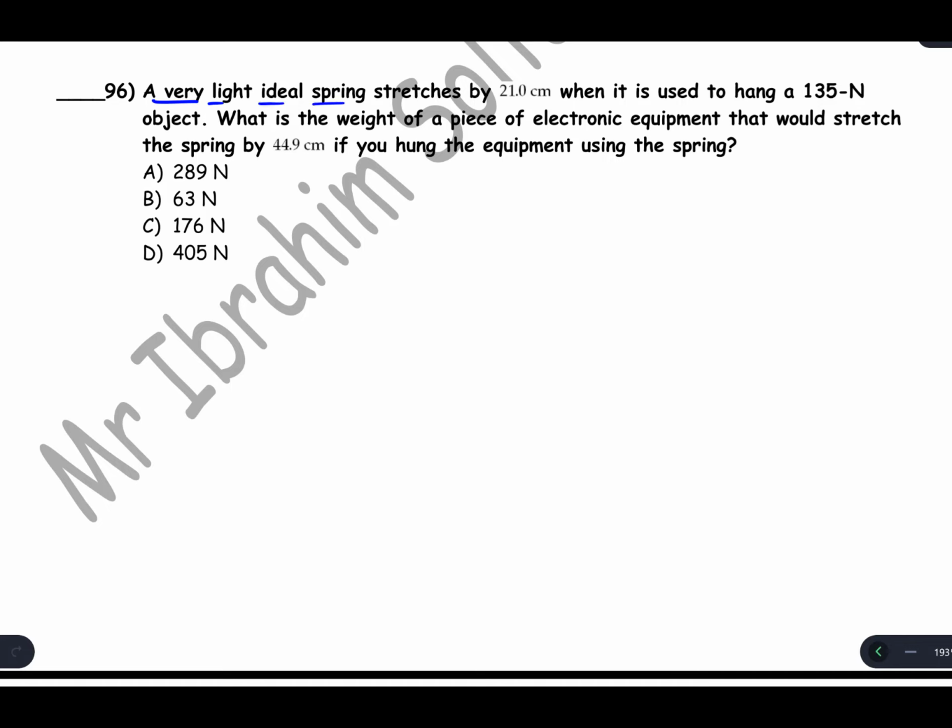A very light ideal spring stretches 21 centimeter when it is used to hang 135 Newton. So this is X1 and this is F1. What is the weight of a piece of electronic equipment that would stretch the spring 44.9 centimeters? So he needs F2. This is X2.